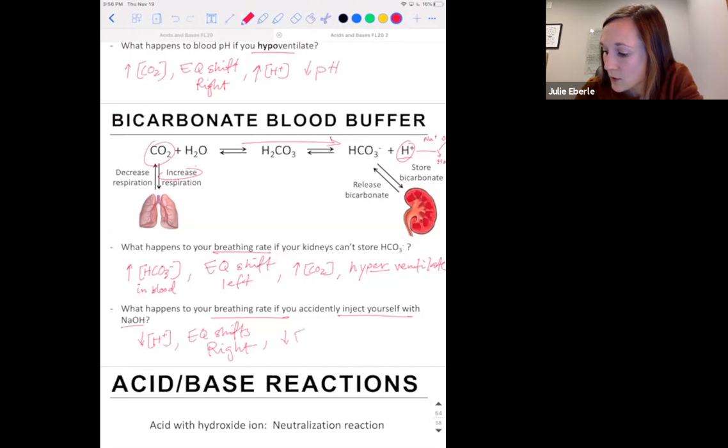That will drop the concentration of CO2. If we're losing CO2 in our blood because we're reacting it with water so that we can replace our H plus, if we slow down our breathing, we can restore CO2 in our body. So here we're going to hypoventilate to restore healthy levels of CO2.